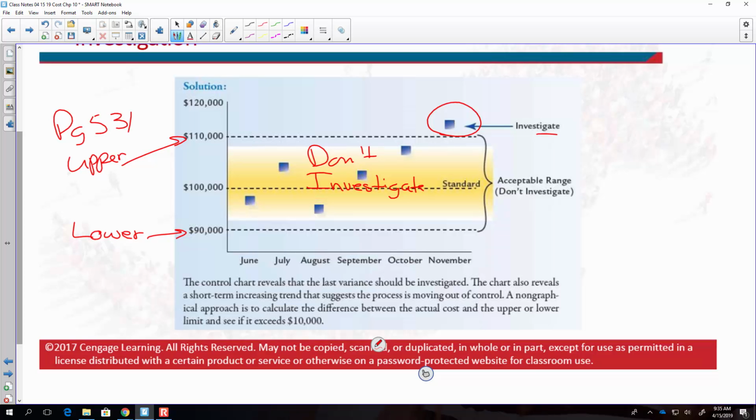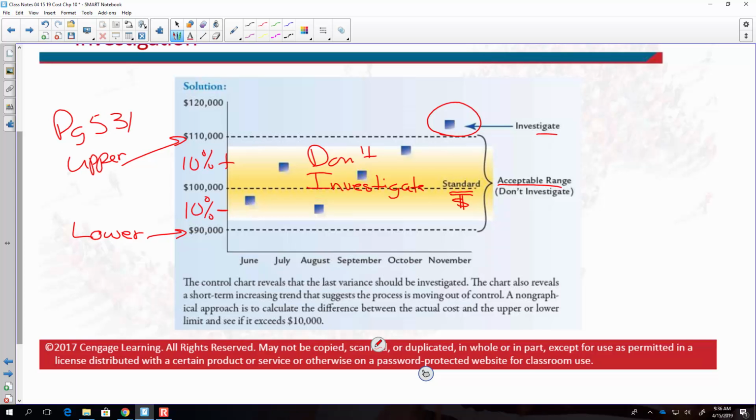Now the key with this understanding is what sets the middle. Well, the acceptable range is the standard number. So based upon our standard, that gives us our middle ground. And then we decide, in this case, 10% above the standard or 10% below the standard is our upper and lower limits.